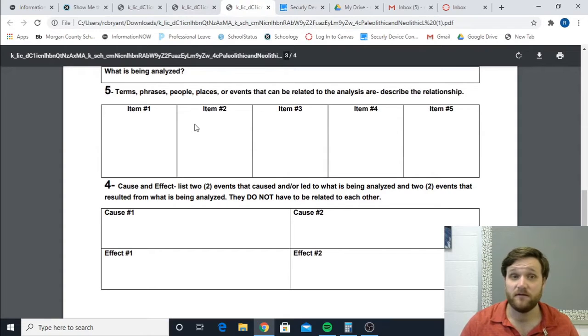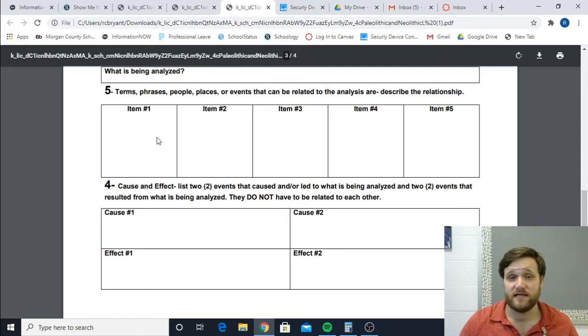Now, there's been a little bit of confusion. You do not have to put a term in this box, a phrase in this box, a person in this box, a place in this box, and an event in this box. Read this line right here. Terms, phrases, people, places, or events that can be related to the analysis.